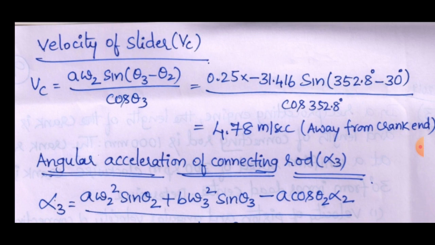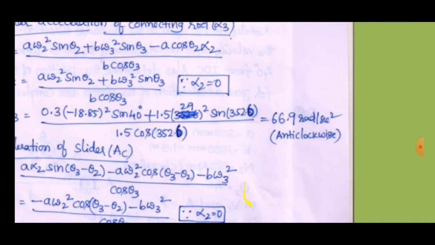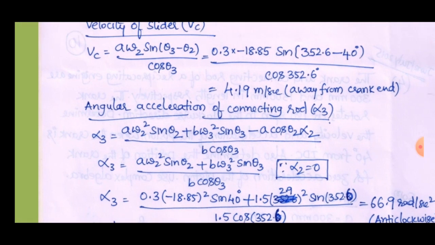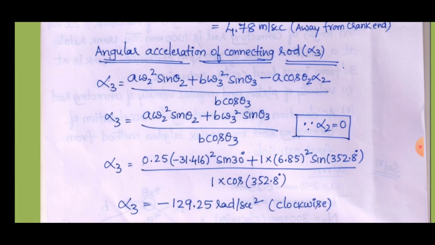Next, find the accelerations. In the accelerations, first one, angular acceleration of connecting rod, that is alpha 3.